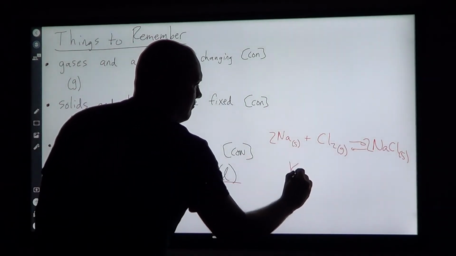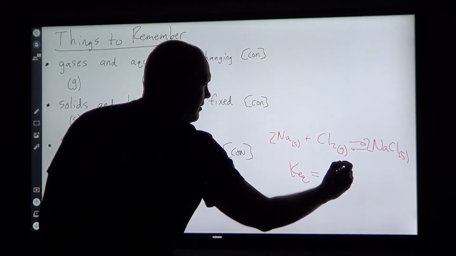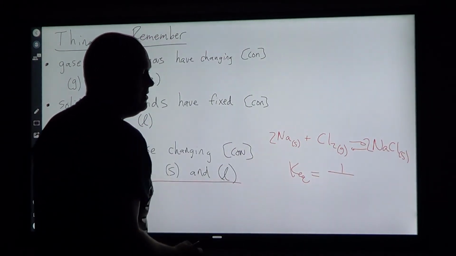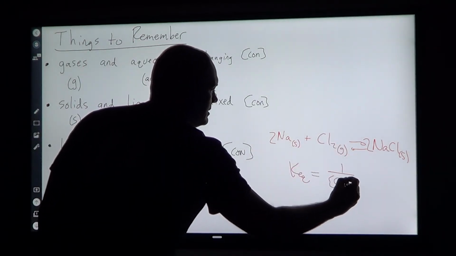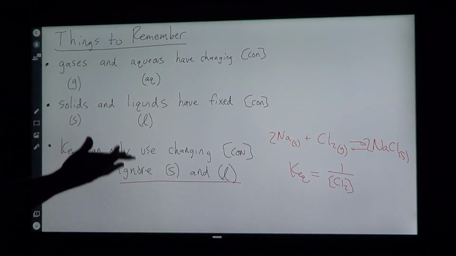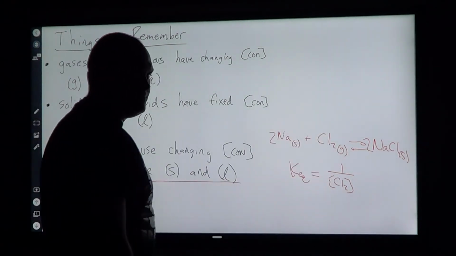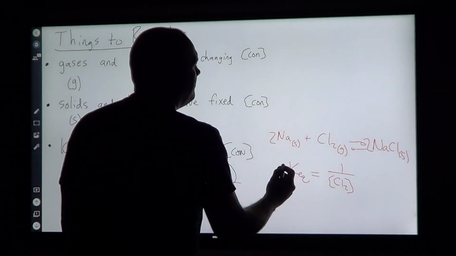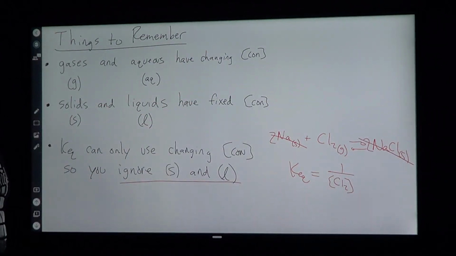So the KEQ for this one would just be 1 divided by the chlorine gas, the only thing that would affect the equilibrium of this reaction. It really makes it simple. If it's a solid or a liquid, it doesn't count. From there, you just plug it in, and then you can start doing the math problems.